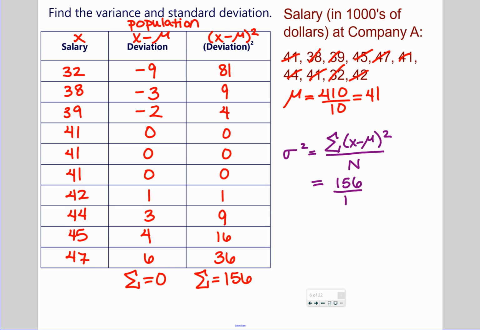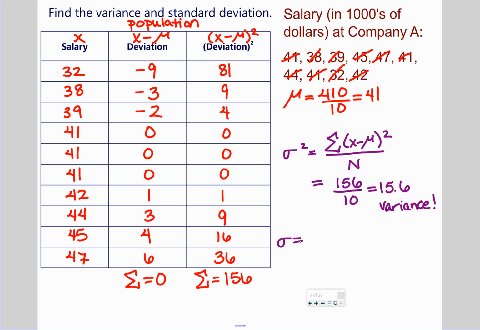Divided by n, the number of data values, 10, and I get 15.6 is our population variance. So 15.6 thousand, 15,600, if I were going to give that a number to represent what this data stands for. Take it one step further and you get standard deviation.